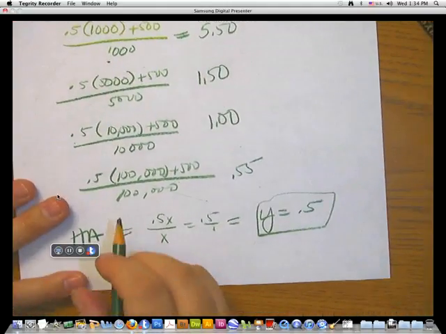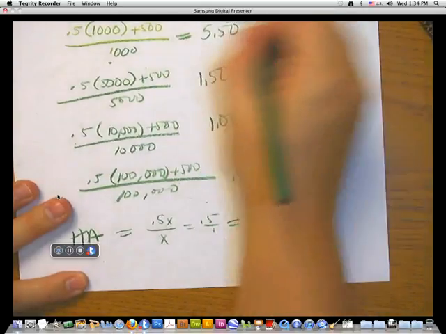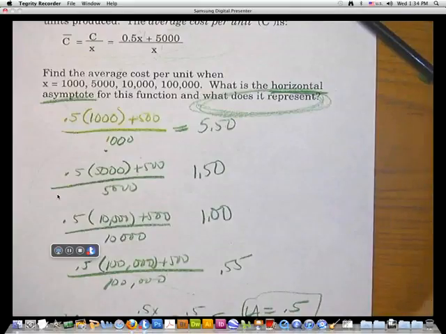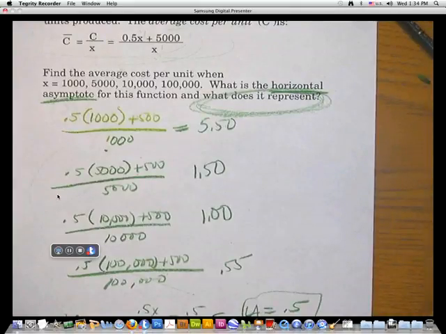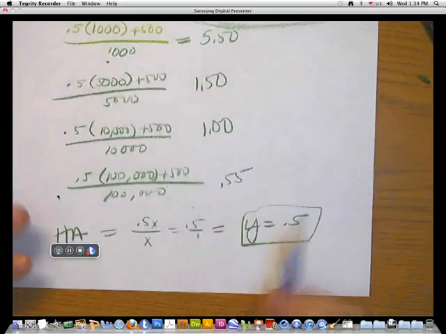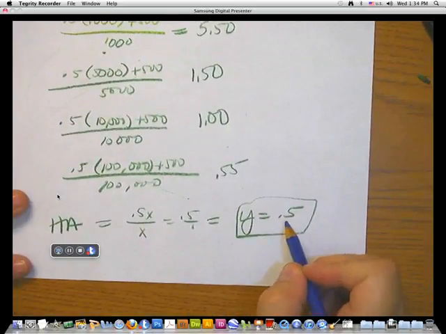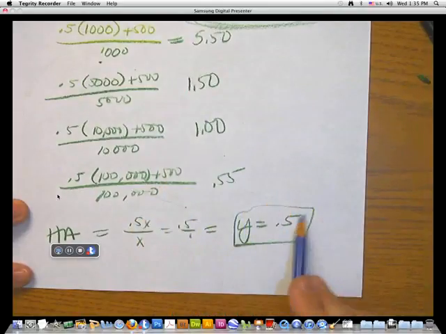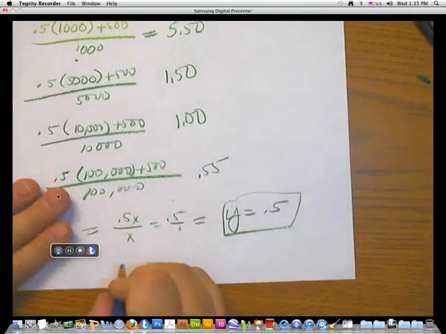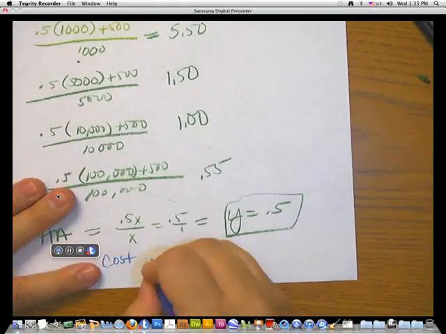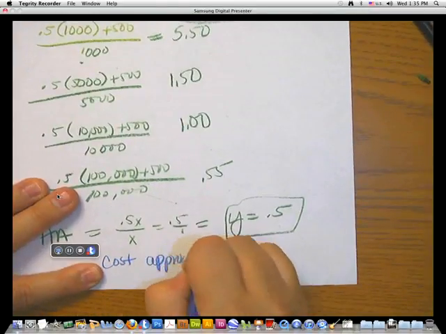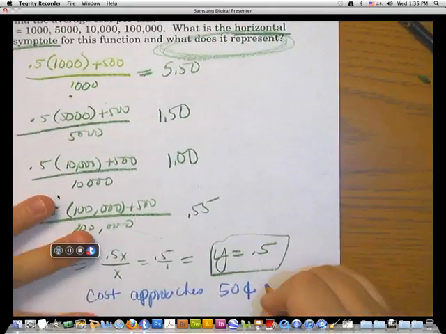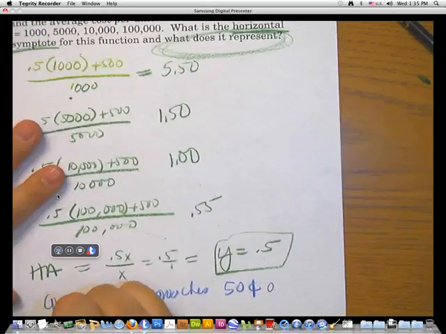Alright, so what that means in words, what does this represent? You need to know the wording of a real life situation. You can't just go, oh, the asymptote is this. You have to know what it means. It means my graph is going to continuously approach and get closer and closer to 0.5, or the cost approaches 50 cents, or the average cost, because that's what we're finding.